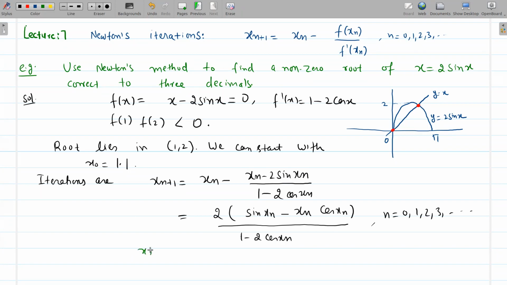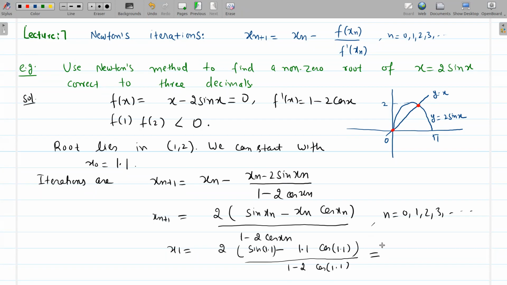So the next answer x1 is (2 sin 1.1 minus 1.1 cos 1.1) divided by (1 minus 2 cos 1.1). Put your calculator in radian mode and then simplify.